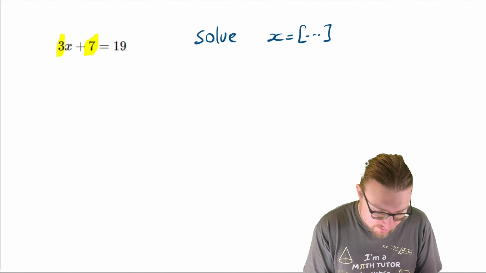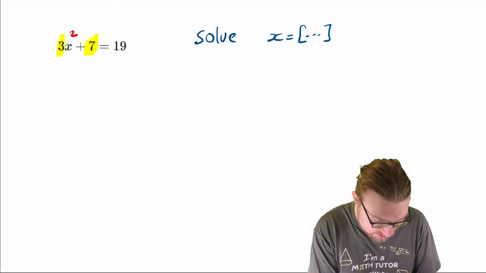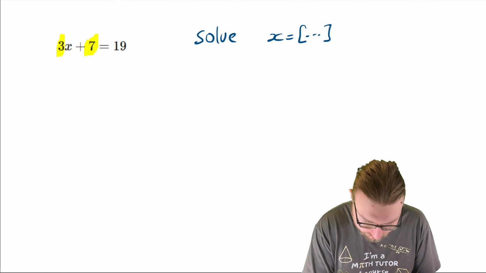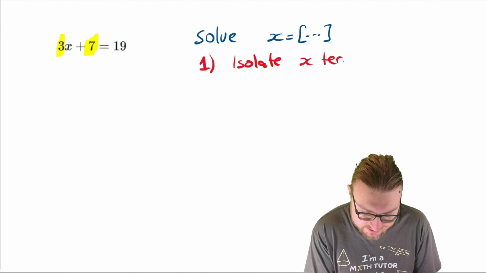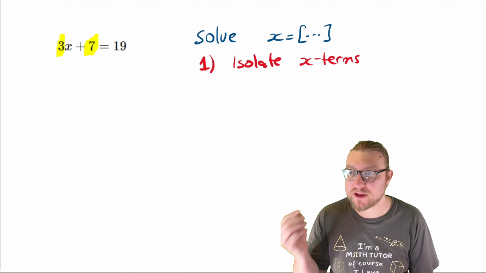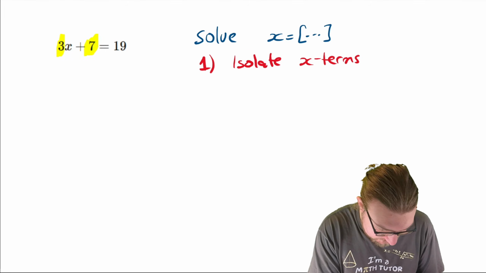Generally, when we want to solve linear equations, so that there's no squared term, no x squared, then the first step is usually to isolate the x terms. So we want everything with x on one side and everything else on the other side.